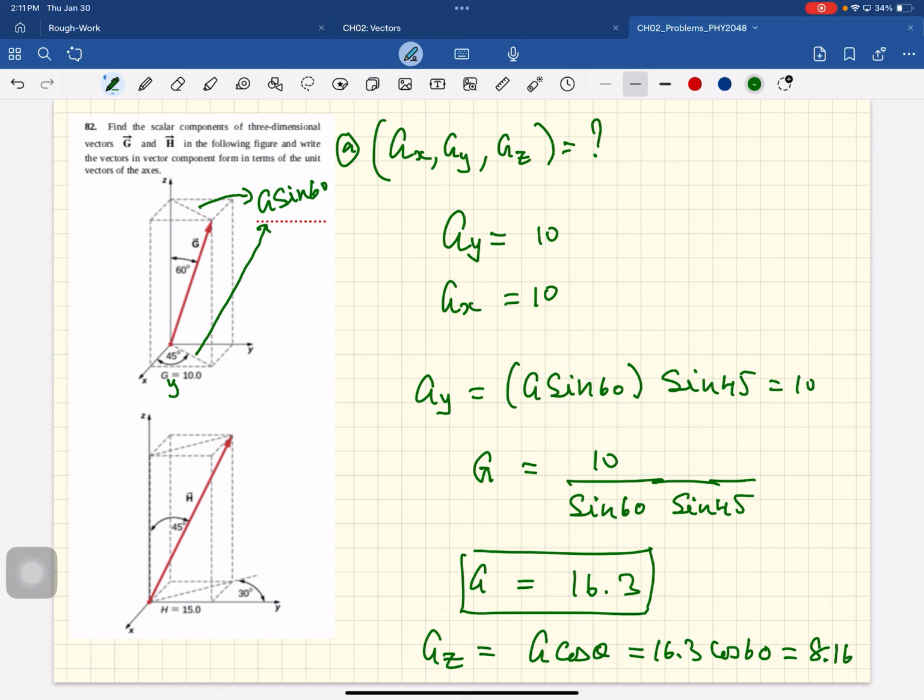Is it sine or cosine? Cosine. For a triangle like this, the adjacent side is g cosine theta. The opposite side is sine.